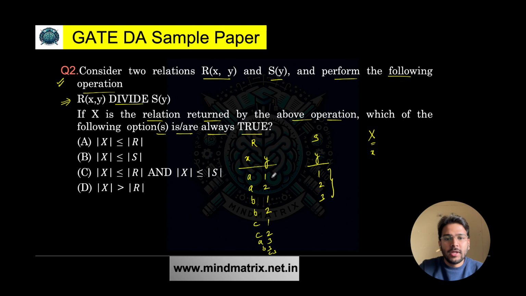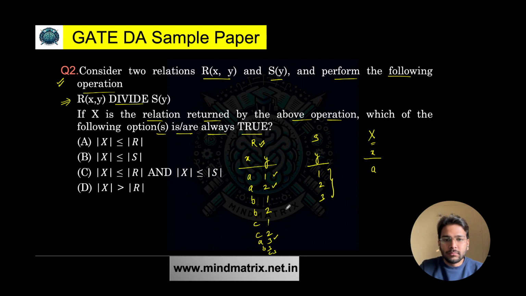So for 1, 2, 3, whatever we have in this, all the values, we have to check in relation R whether we have any value of X for which all these 3 values exist. So if you see carefully, for A we have 1, yes, for A we have 2 as well, and for A we have 3 as well. That means in the final result A will be there for sure.